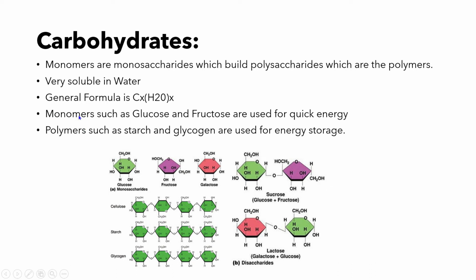Moving on. Some monomers in carbohydrates are glucose and fructose, which are mostly used for quick energy. These sugars are quickly absorbed into our bloodstream. Higher level carbohydrates, such as starch, cellulose, and glycogen, are mainly used for energy storage, specifically starch and glycogen.